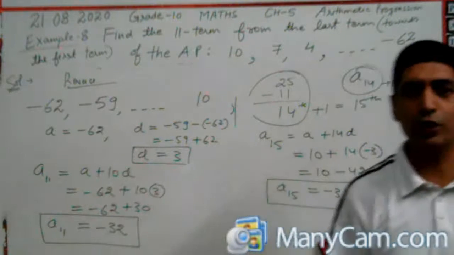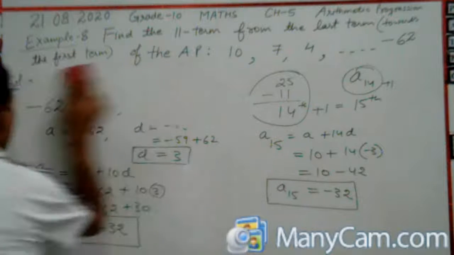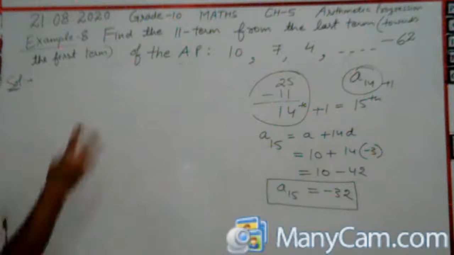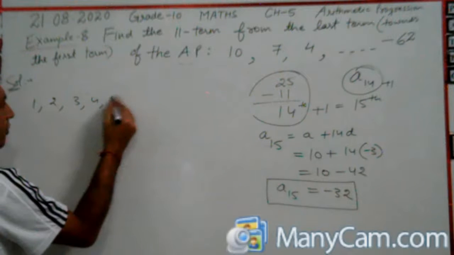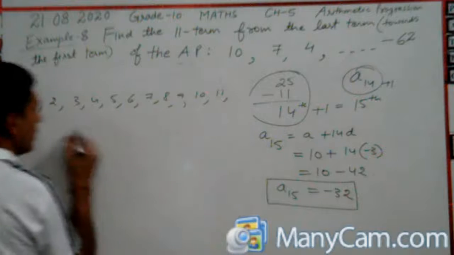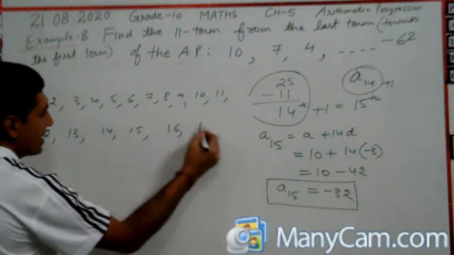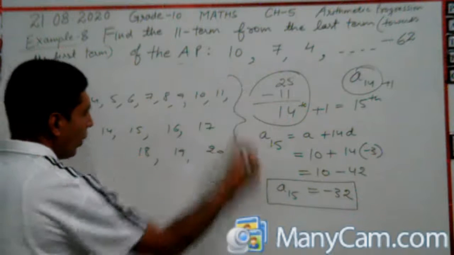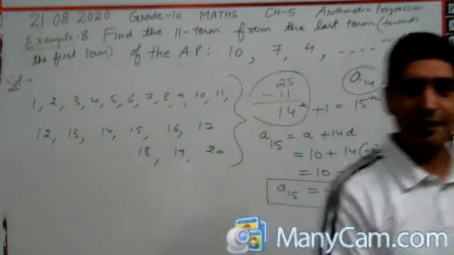Before coming to the formula, let's check one example here. Suppose we have an AP from 1 to 20: 1, 2, 3, 4, 5, and so on up to 18, 19 and 20. Now how many terms do we have? We have 20 terms in this AP.